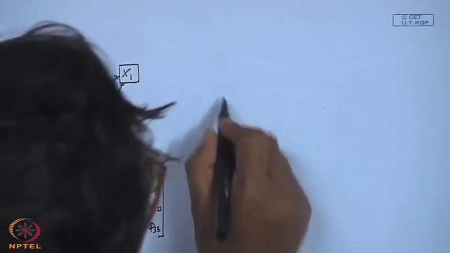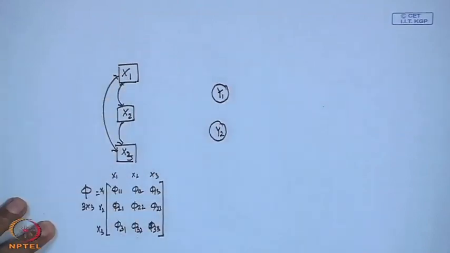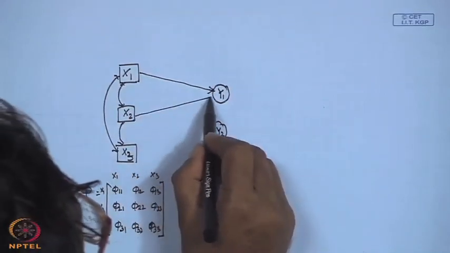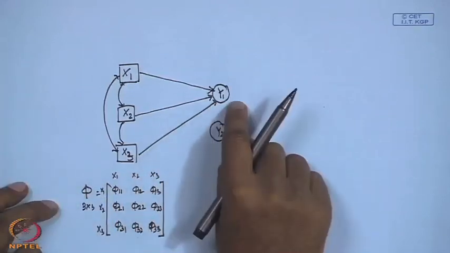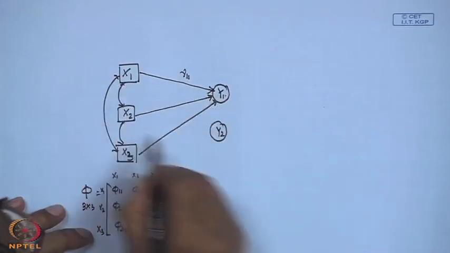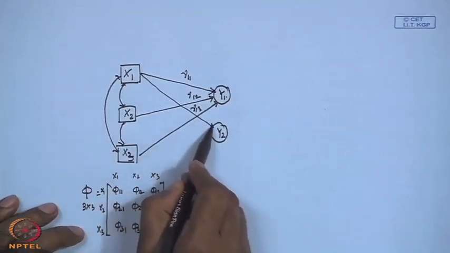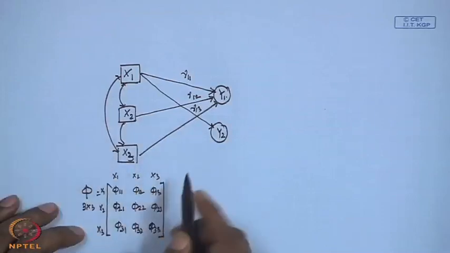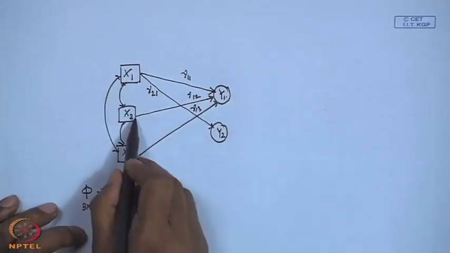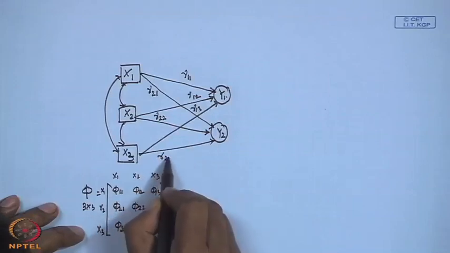Now, we have considered here two dependent variables, y1 and y2, and we are assuming that x1, x2 and x3 are affecting y1 with coefficients like this: gamma 1 1 for x1, gamma 1 2 for x2, gamma 1 3 for x3. Similarly, y2 is affected by x1, x2 and x3.